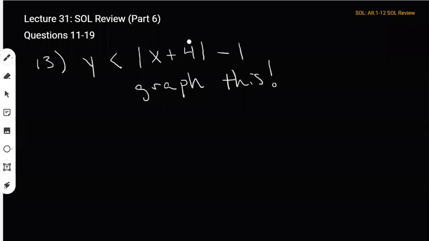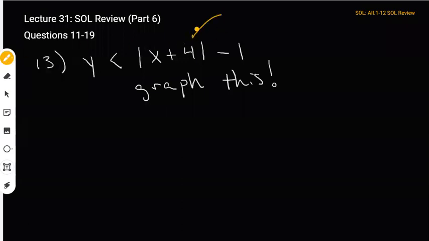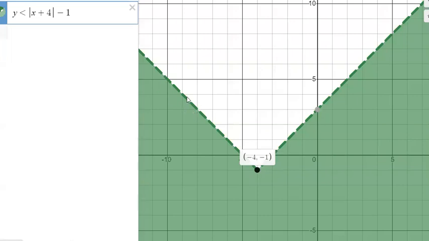So a couple things about this, I'll put them in yellow. The +4 on the inside means to move to the left by 4. The -1 on the outside tells you to move down 1. And then the less than symbol is going to tell you to shade downwards. That's important. You're going to want to shade downwards. So looking at the graph, we are shading below this dotted line.